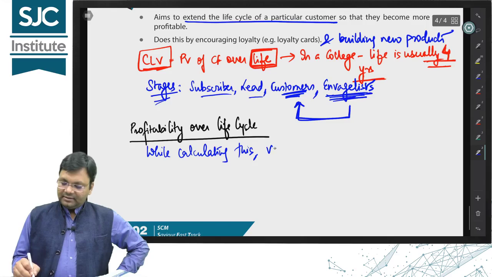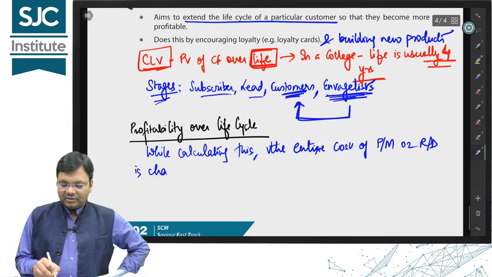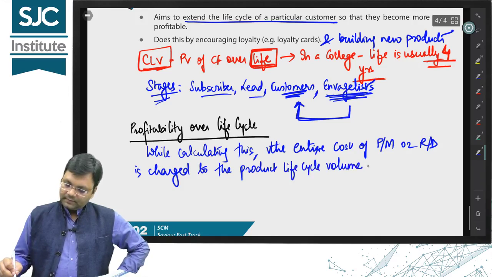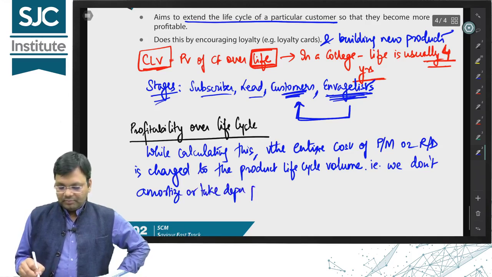So I say here the entire cost of plant and machinery or research and development is charged to the product life cycle volume, that is, we don't amortize or take depreciation per annum.